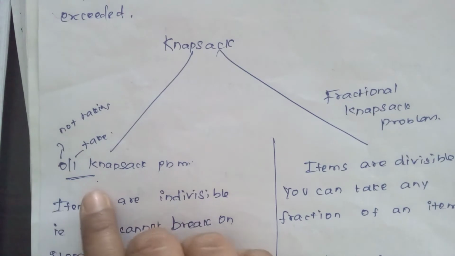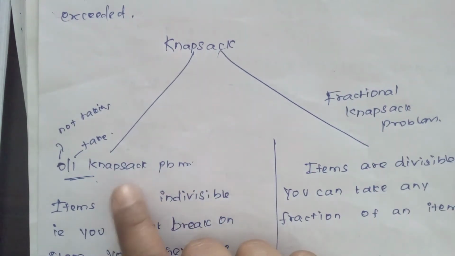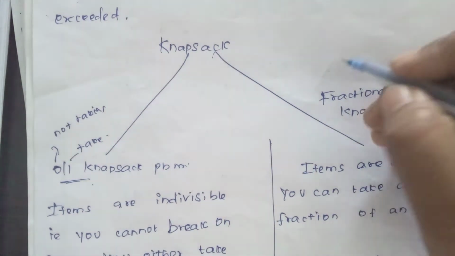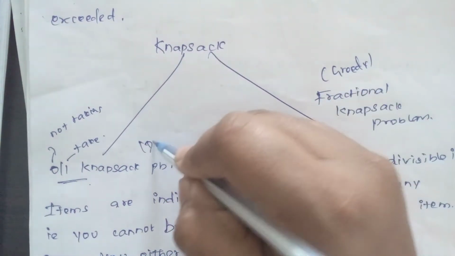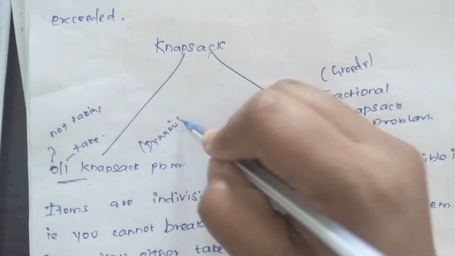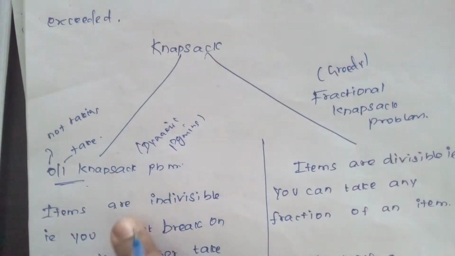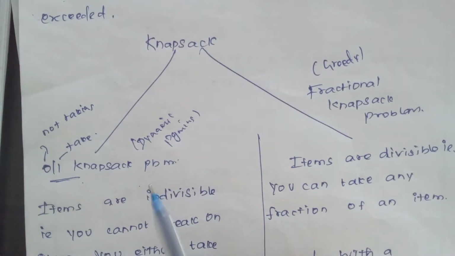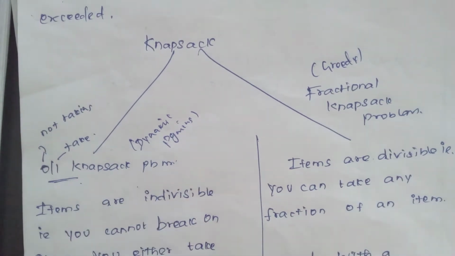The 0/1 knapsack problem is the dynamic programming method, it can be solved from dynamic programming. Suppose they ask what is the difference between these two, you have to explain this one is the greedy method, this one is the dynamic programming method. But both are knapsack problems only.